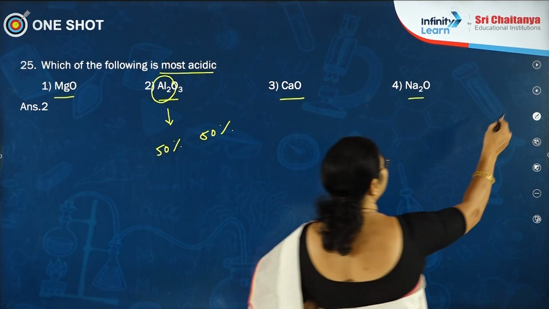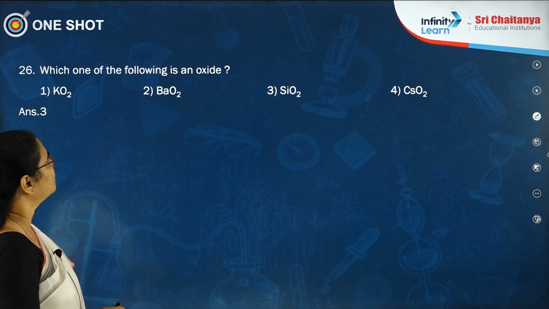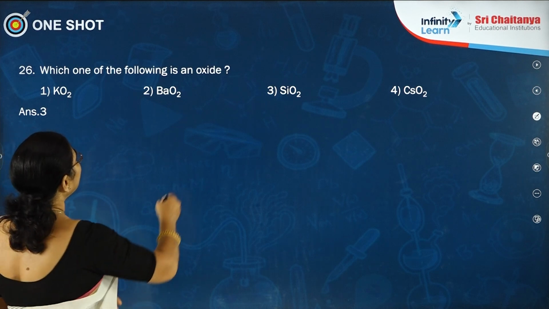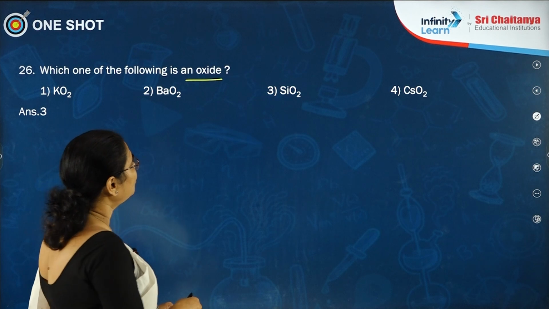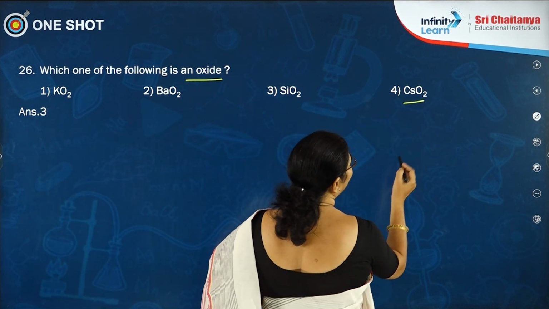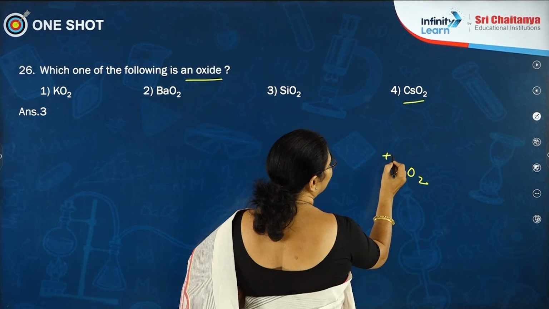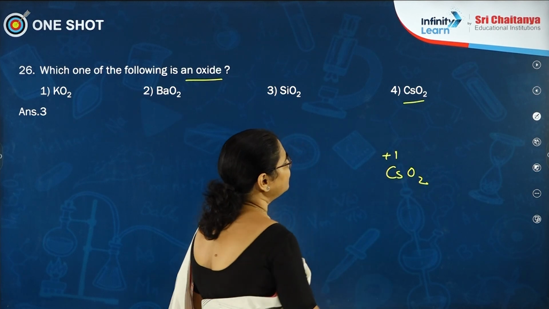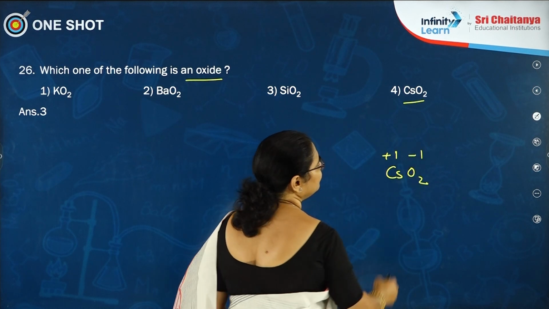Next, which of the following is an oxide? Very good question. All look like oxides only, right? Then how to decide? If you take cesium superoxide, CsO2, the oxidation state of cesium is always +1 only. If this half is +1, the other half is -1.